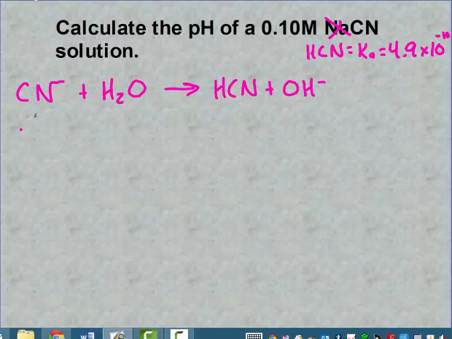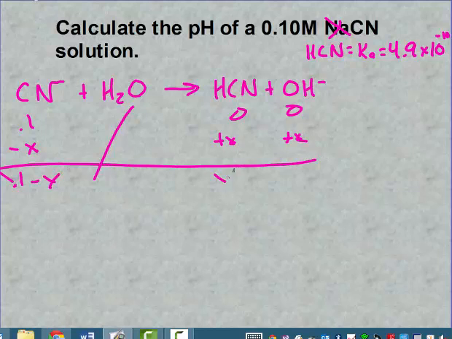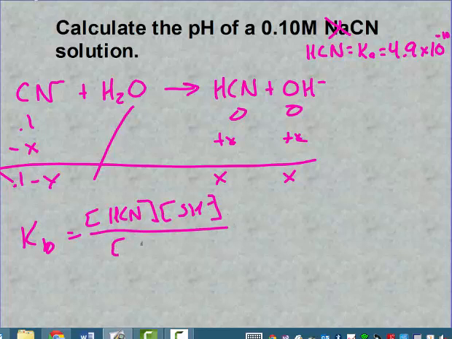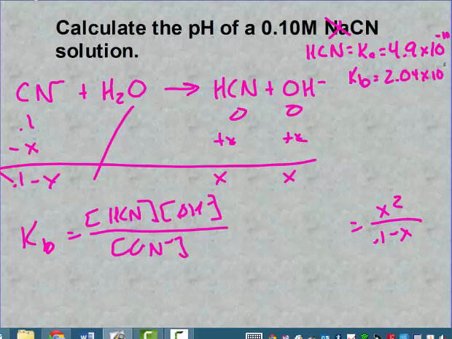All right, so we had 0.1, didn't care, 0, 0. K, what expression? Kb expression. So Kb is equal to what? 2.04 times 10 to the negative 5.